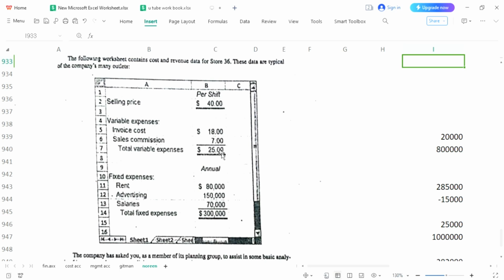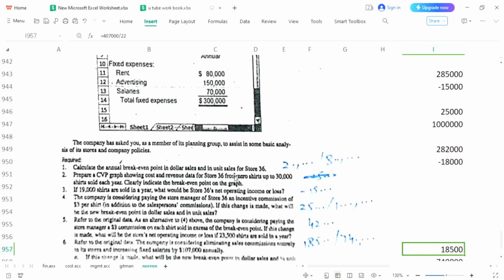So 25 is per unit variable cost, 40 is per unit selling price, and we have fixed expenses totaling 3 lakh rupees. We have already seen such statements in previous questions. The first requirement is to calculate the annual break-even point in dollar sales and in units.